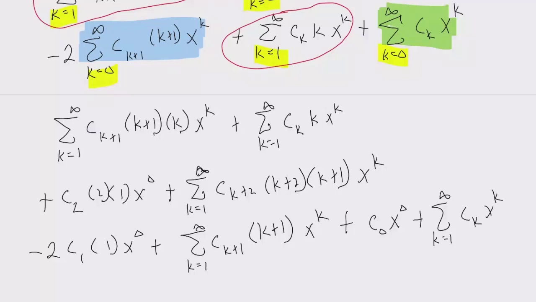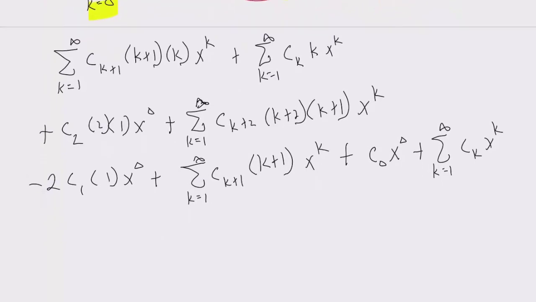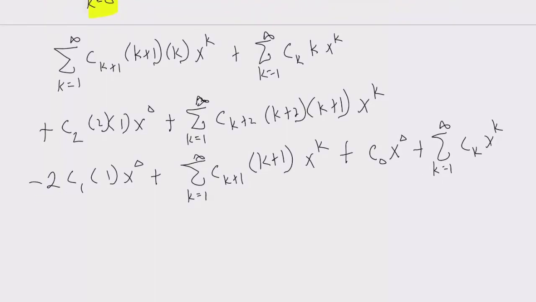All right, so let's collect up all the non-summation terms. So let's simplify that expression. So let me highlight the ones that I'm talking about. These guys right here, that one right there, and that one right there. So let's collect those up and put those in the front.